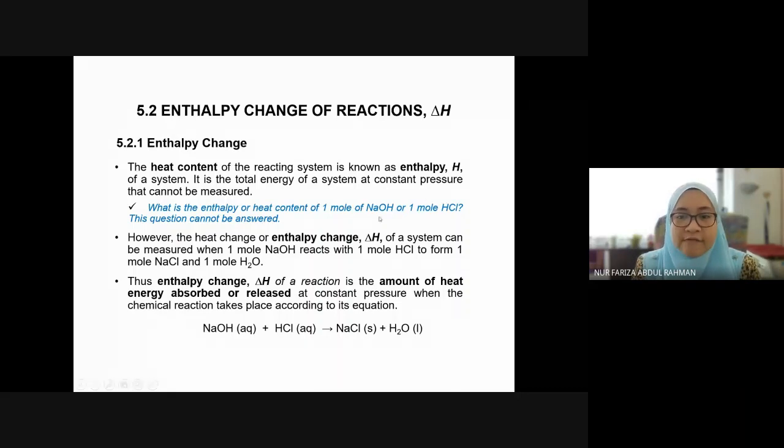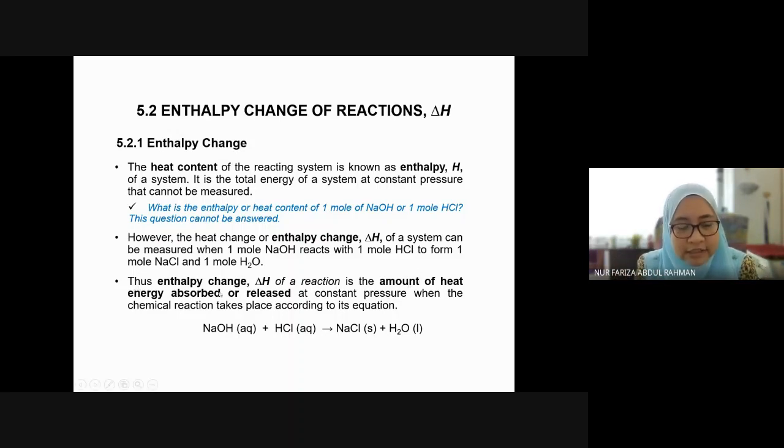Just now we only had a substance and we wanted to measure the enthalpy of that substance, so it's not possible. But what we can do is measure the enthalpy change when we react the substance with another substance. In a way we have a complete reaction there, so we can measure the enthalpy change, right?